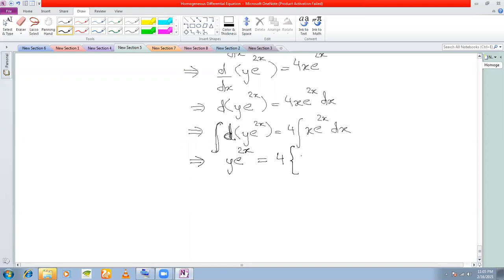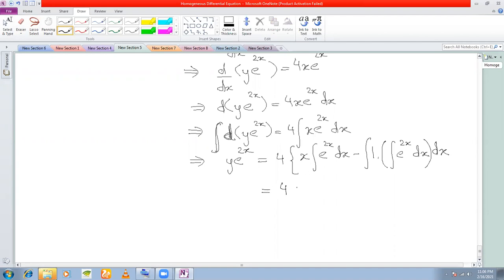First function into the integral of e to the power of 2x dx, minus integral of the derivative of x, which is 1, into the integral of e to the power of 2x dx, whole thing integrated. This was by parts, which is equal to 4.